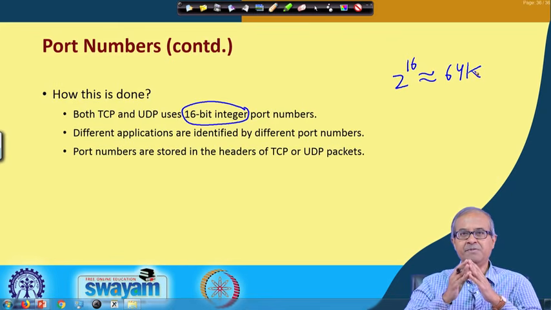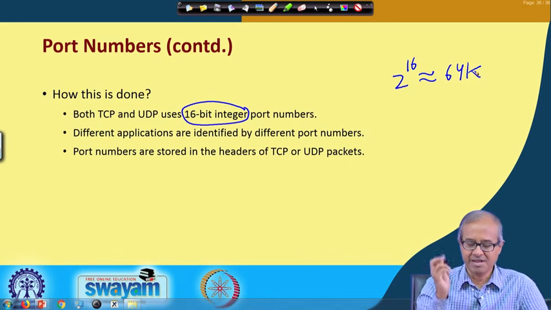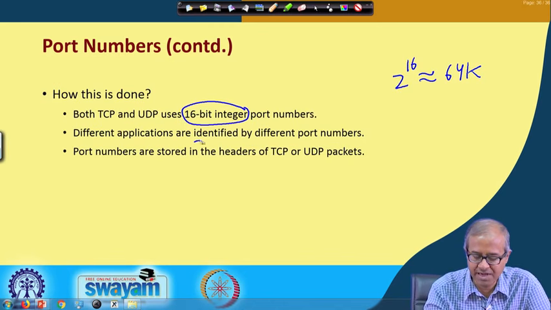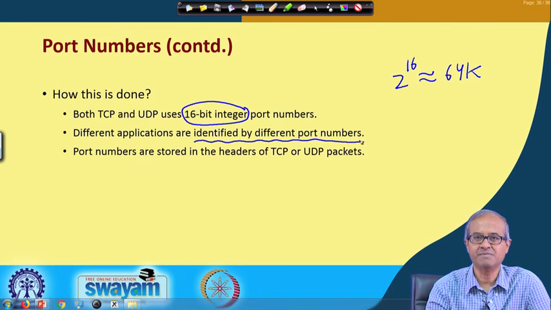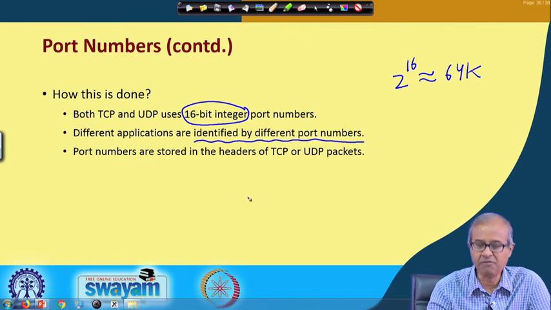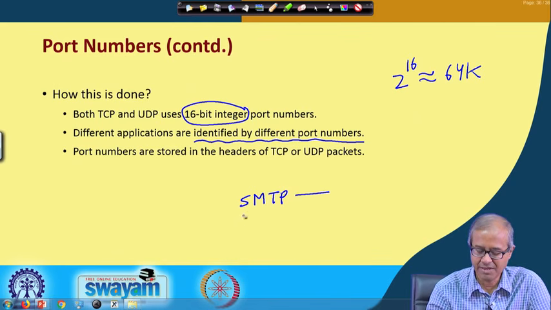And you see, there are certain applications which are well known. They are uniquely identified by some port numbers. Like you think of your mail, SMTP. SMTP will be having some particular port number. You think of some network application like Telnet.